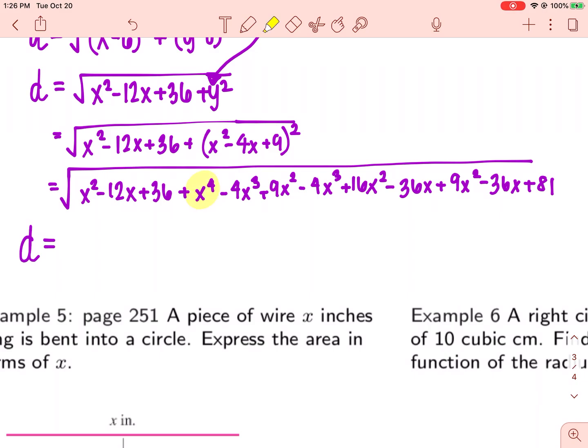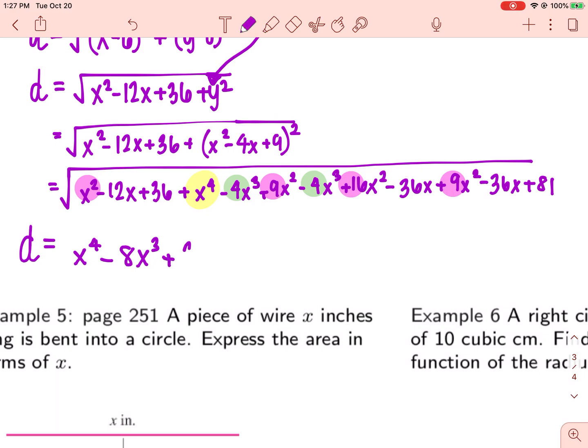So let's see, I have an x to the 4th. Just one x to the 4th, so good. So I'm going to have a square root of x to the 4th. Looking at my x cubes, I have -4, -4, so it's -8. Going to our x squareds, I have 1 plus 9 plus 16 plus 9.